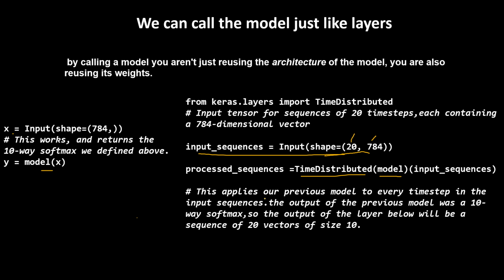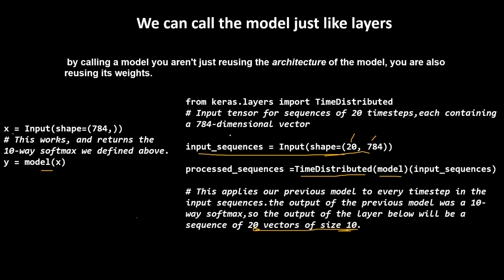What this does is apply our previous model to every time step in the input sequence. The output of the previous model was a 10-way softmax, and the output of this layer will be a sequence of 20 vectors, and each of these will be a vector of size 10.